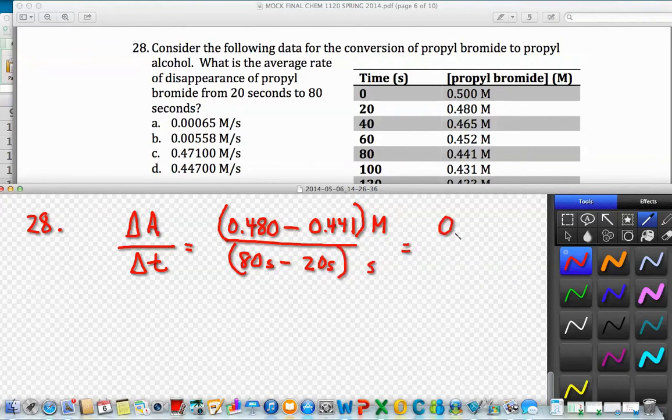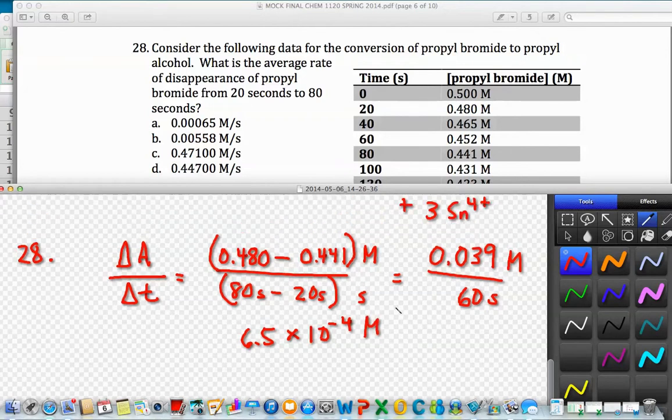So that's going to be 0.039 divided by 60 seconds. Of course, molarity on the top, so you already know that A and C are going to be wrong. 0.039 divided by 60 is going to be 6.5 times 10 to the minus 4 molar per second. That is credited response A.